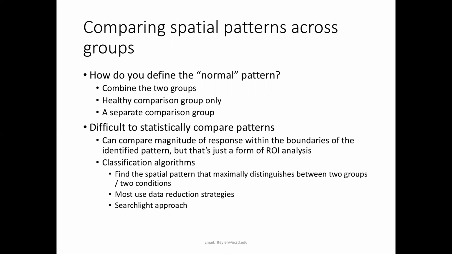Another thing that this has been used for that you might be familiar with is mind reading tasks, where you have the algorithm try to find the pattern of brain activity that predicts what the person was seeing. And then if you apply that algorithm to other people, you can guess what they were seeing, which is kind of cool.